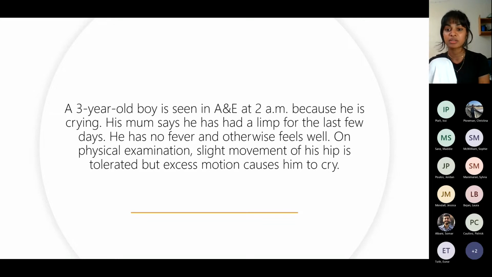Going from medical investigations, what would you do before imaging? Yeah, bloods. Yeah, exactly. So really the most important thing here is markers of infection in the blood.